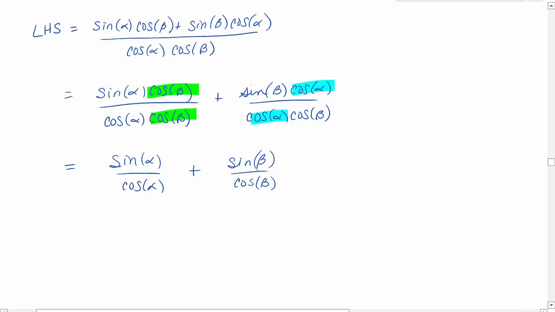And we know that sine divided by cosine, as long as the argument is the same, turns into tangent. So this becomes tangent of alpha plus tangent of beta, and that's our right-hand side.